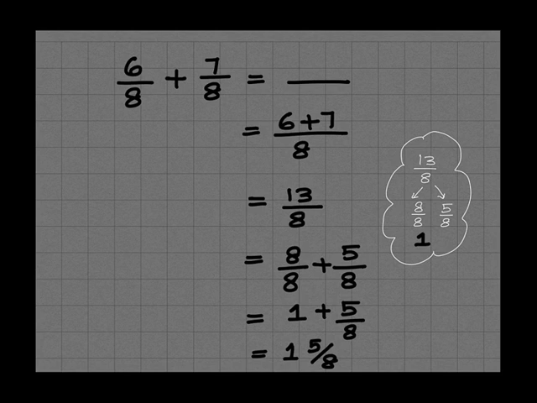I have done it in the same method. We should know that 13 by 8 has 8 by 8 in it and also 5 by 8. So this 1 and this 5 by 8 I have substituted for 13 by 8.